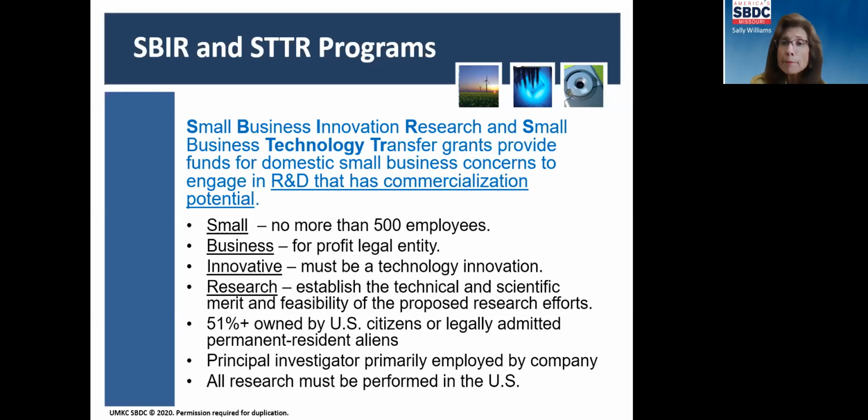I will say, because I've run across this a number of times, if someone is from out of the country and is here on a student visa, you are not eligible. In fact, you don't even want to apply because you could lose your visa if you tried to get money from the SBIR program. So again, if you are from out of the country, you must be a resident status to be able to apply for an SBIR grant.